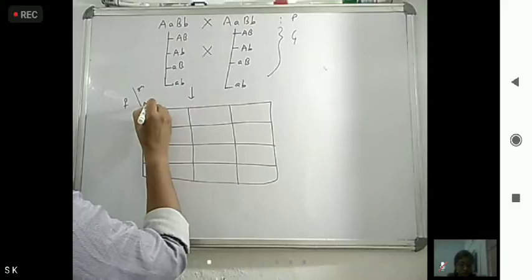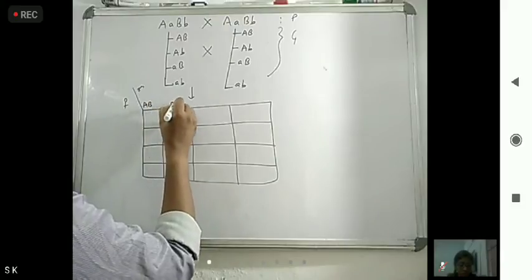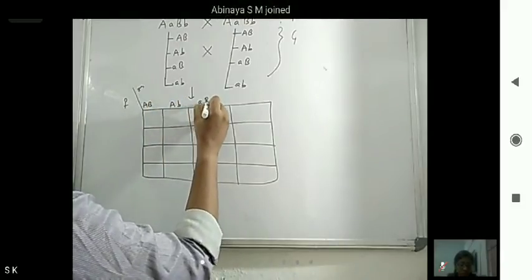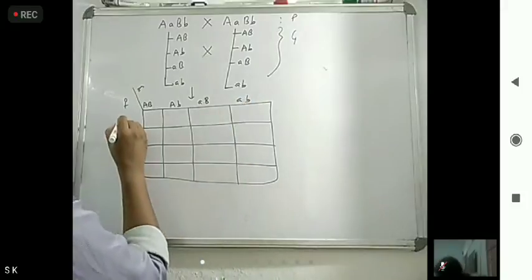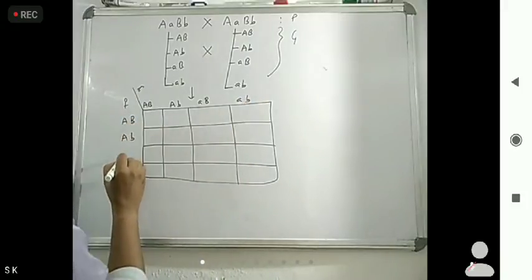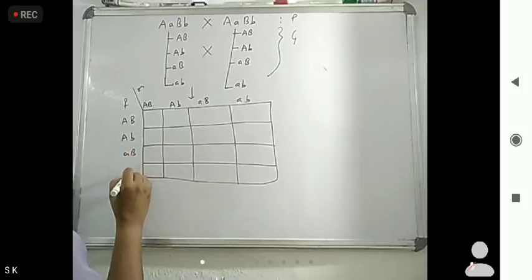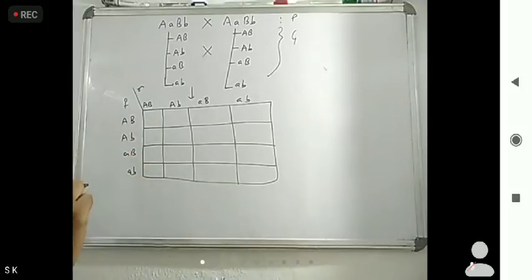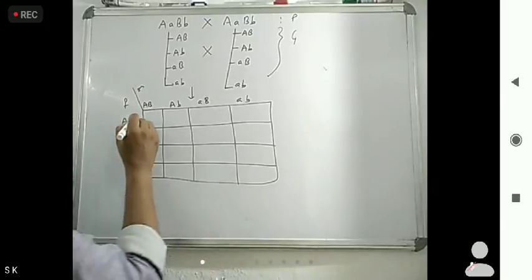So here we have to write. Now duplicate means nearly same or same phenotype, both genes will be present. So come on that.